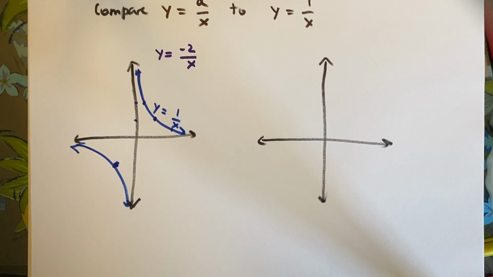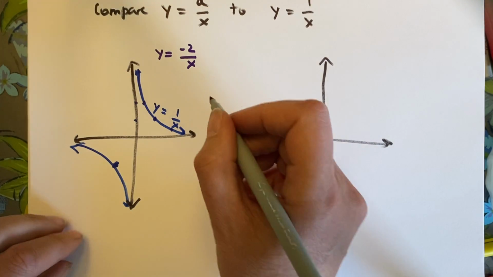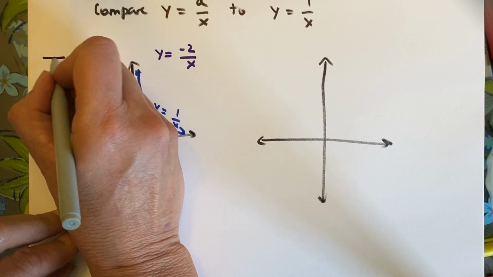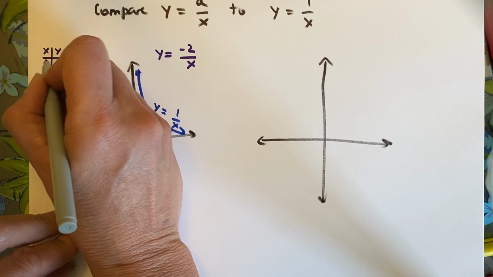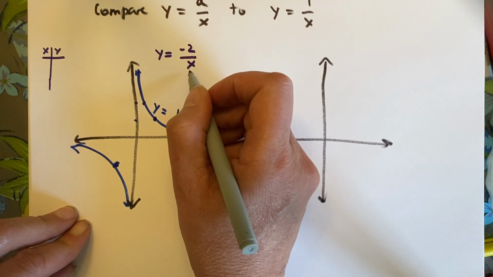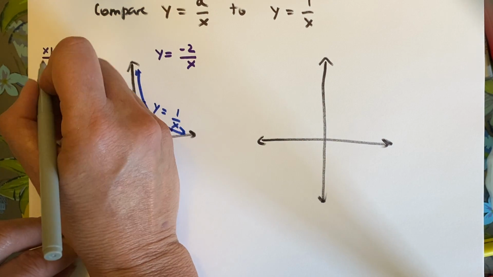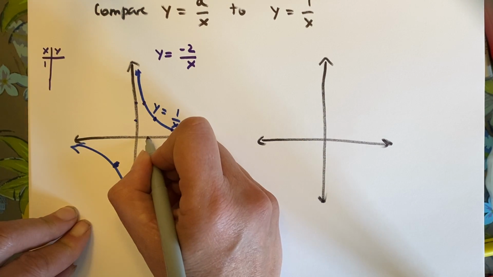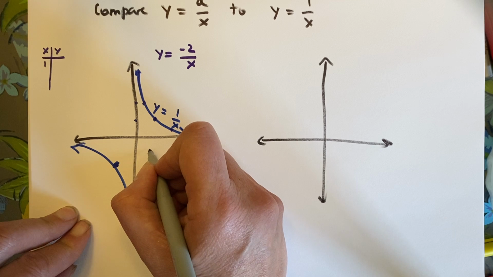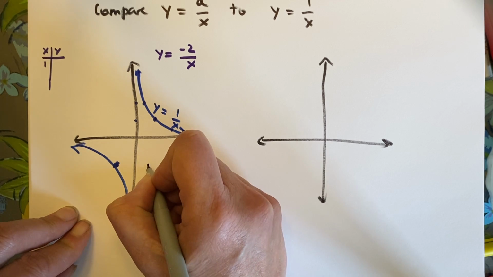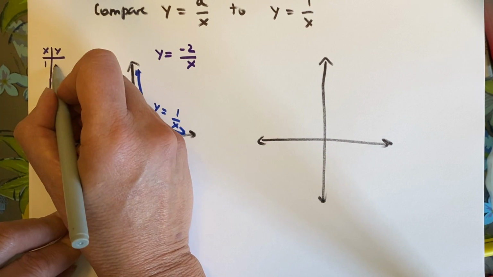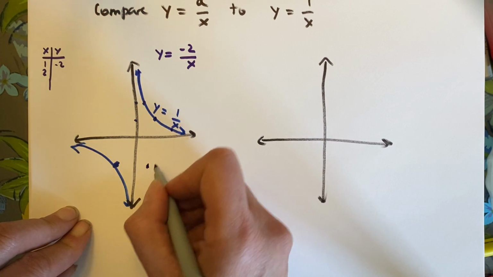And I'm going to do in purple y equals -2 over x. Well, to do that, I'm just going to throw some xy values over here. Obviously, x can't equal 0, so we're going to ignore that. If x is 1, y is -2. You can see right down here. If x is 2, y is -1.